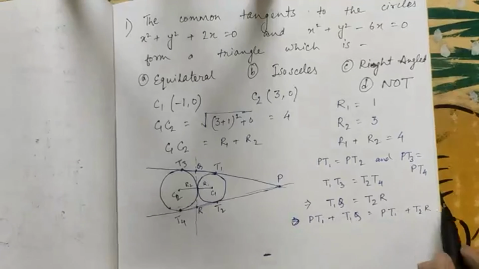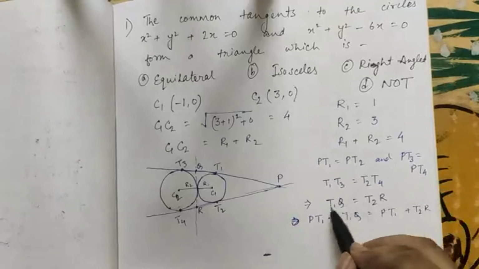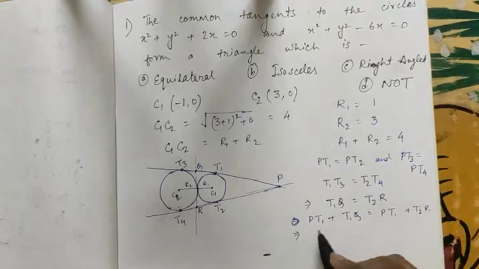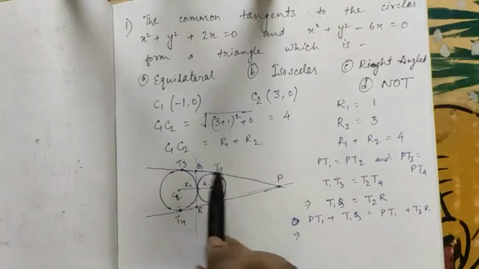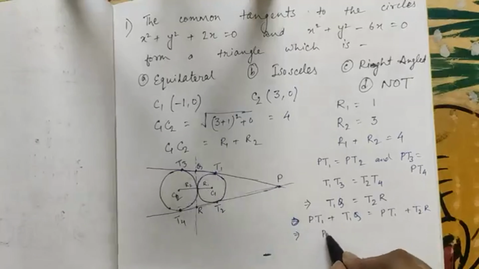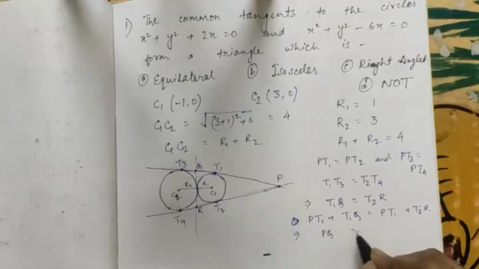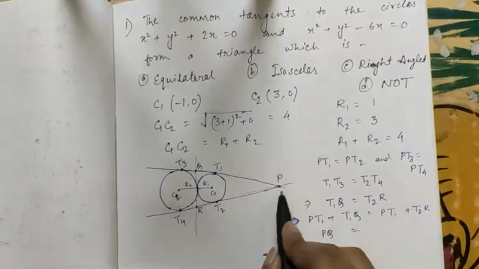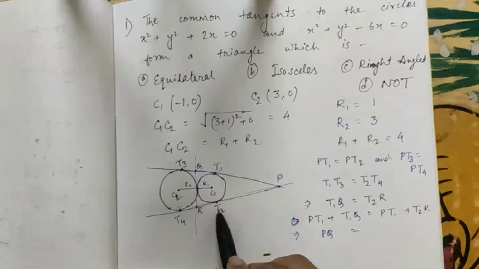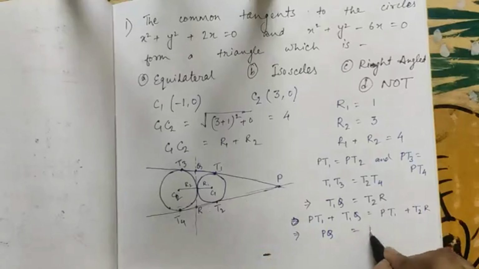I am just adding PT1 on both sides of this equation. Now PT1 plus T1Q is PQ, and PT1 plus T2R is PR. So PQ is equal to PR.